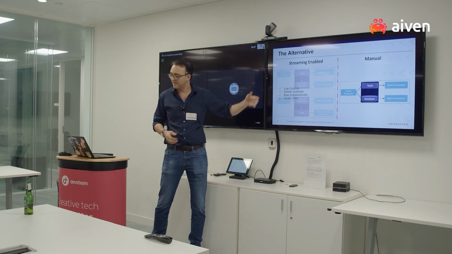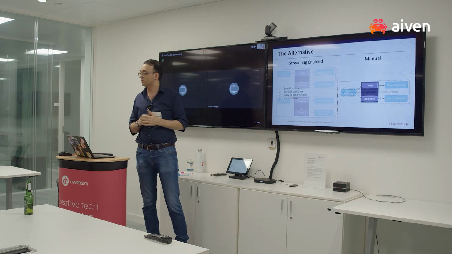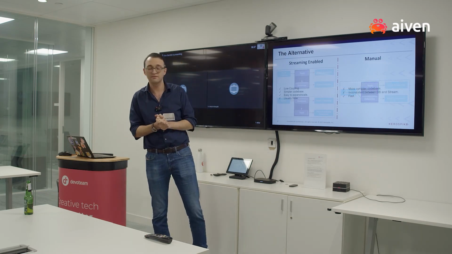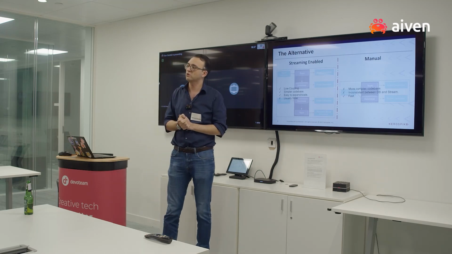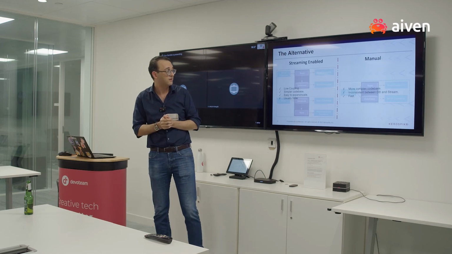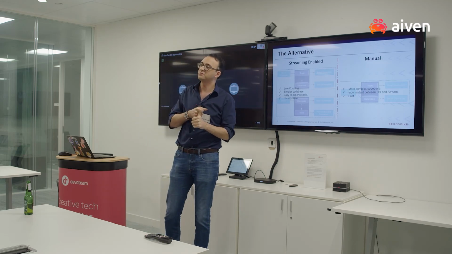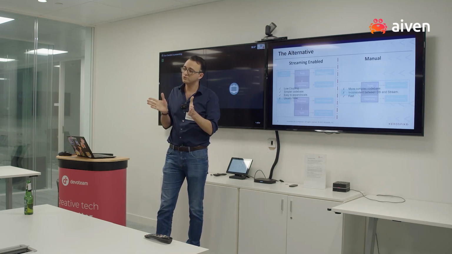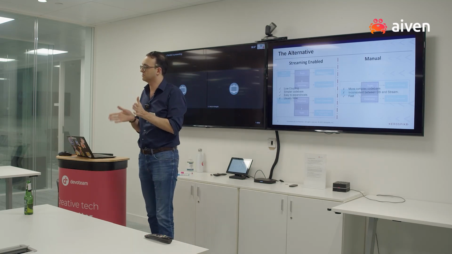So the benefit of the manual one is that because you are writing at the same time to both of them, it's going to be relatively fast. But it is going to be a more complex code base, because now your code base has to work with both the messaging service and the database. And also you're going to have this problem of inconsistency.